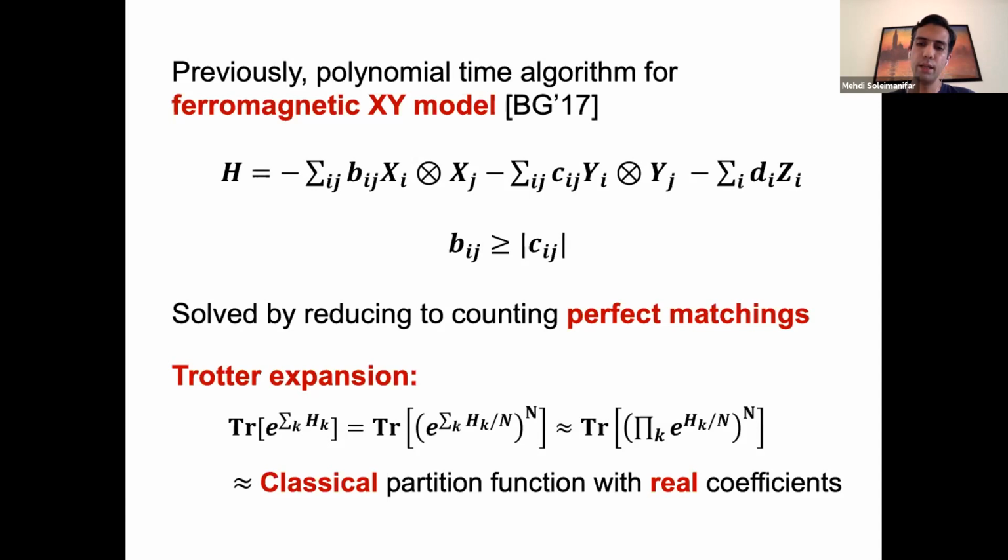And one other thing is that if you start with a certain graph in the quantum part, the spin system that you get by this Trotter expansion is in one higher dimension. You basically take your original graph and stack it n times because of this power of n here. You stack these graphs on top of each other, and that's your graph for the spin system. And one other thing is that the spin system that you get at the end has coefficients on the edges that depend on the number of spins in the quantum problem.